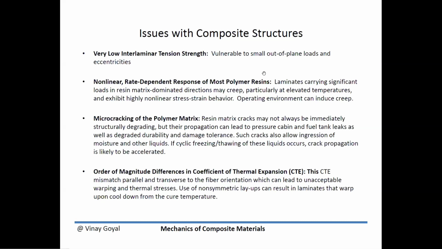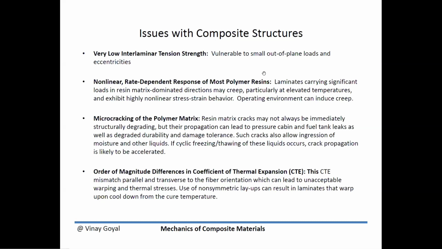And if you were to have cyclic freezing and thawing of these liquids, crack propagation can be accelerated. So it's very important to consider that while microcracking can be beneficial in some cases, it can be detrimental in other situations.